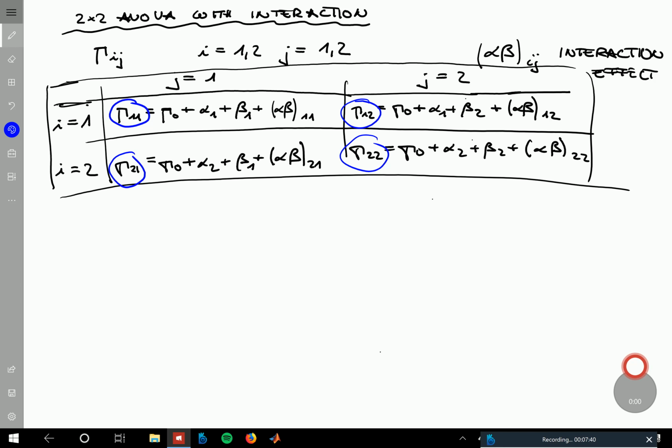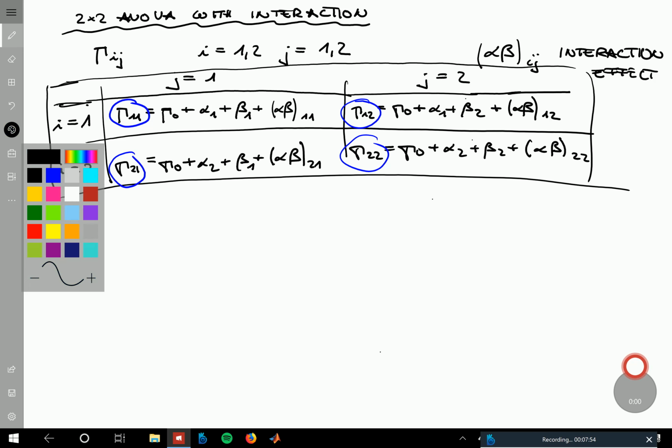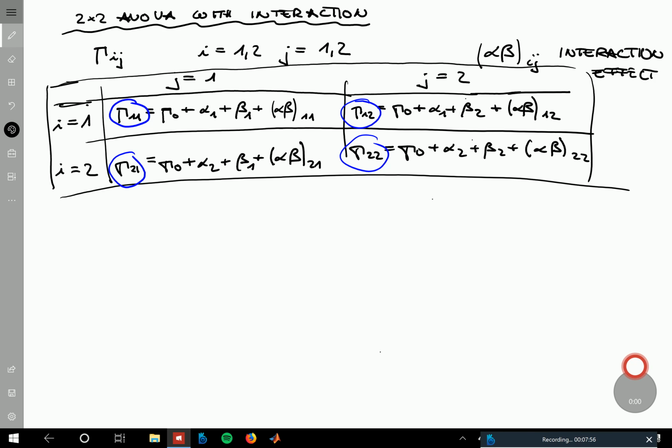And how many do we use? There are alpha 1 and 2, beta 1 and 2, so 4, plus 4 interaction terms. We use 8 values to describe them. Of course, there are many sets of 8 values that can describe these 4 values.